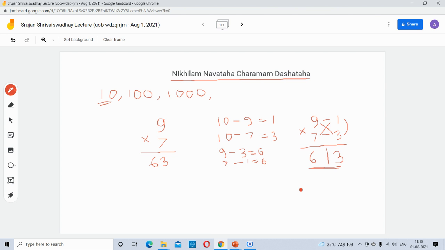Now this is very easy because we are using a single digit. But before we proceed to further multiplications, let me make it very clear that when you are multiplying such numbers, for example 9 into 7, you simply divide the answer into two parts. So this is the difference you'll be getting.